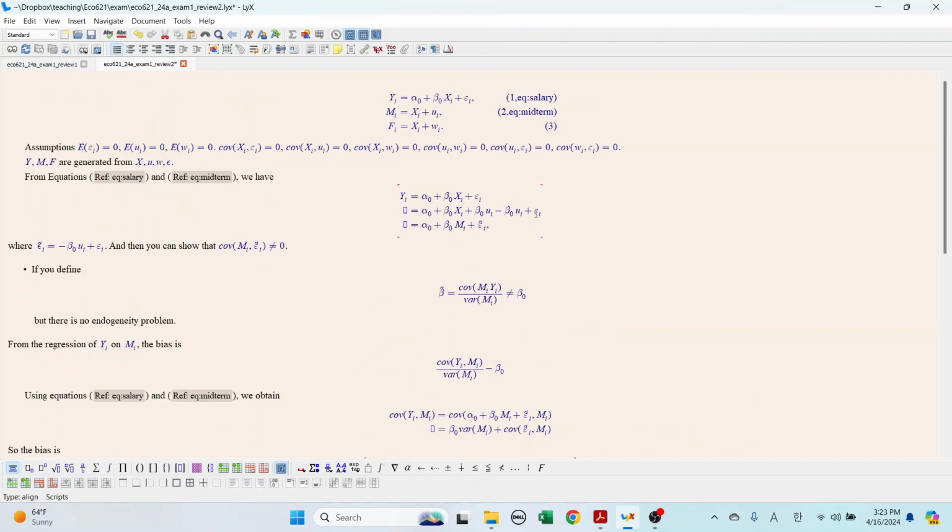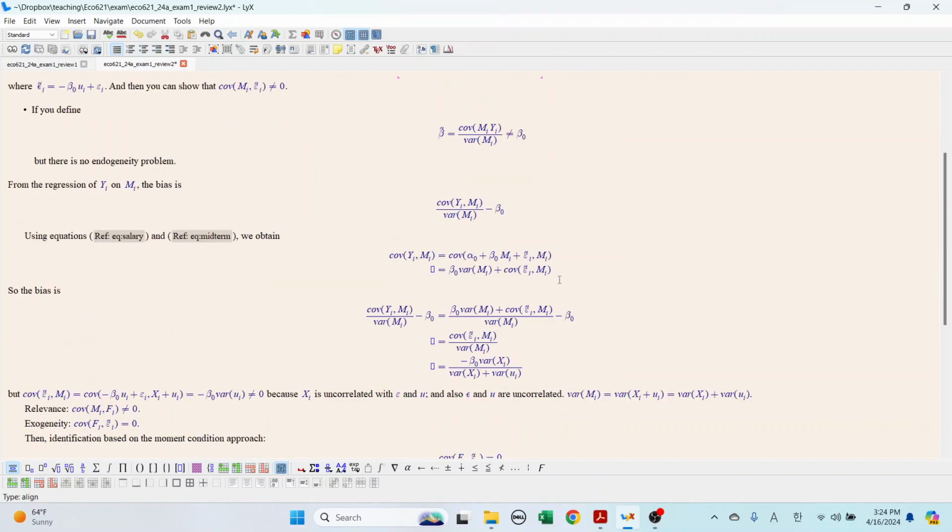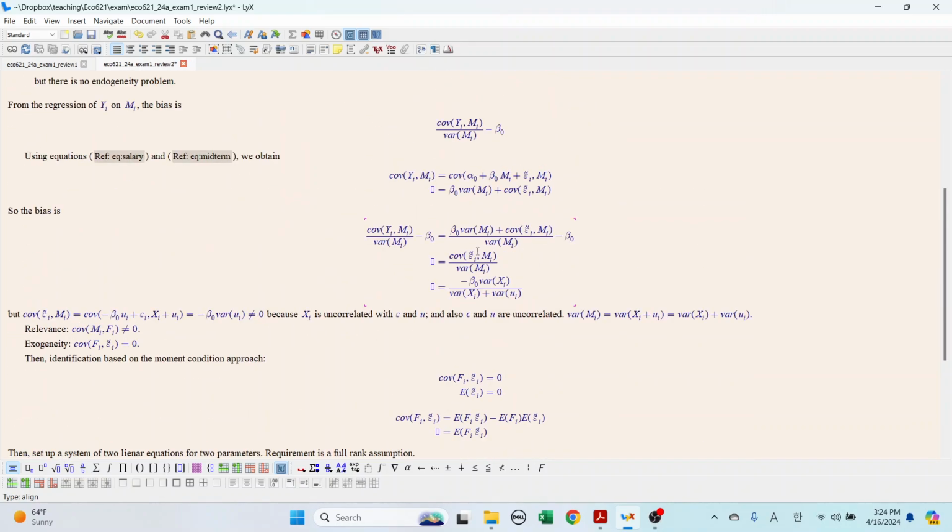It does not exist in our model at all. So I recommend you change those epsilon tilde and m into the underlying variables x and u, right? So that is not a big problem.